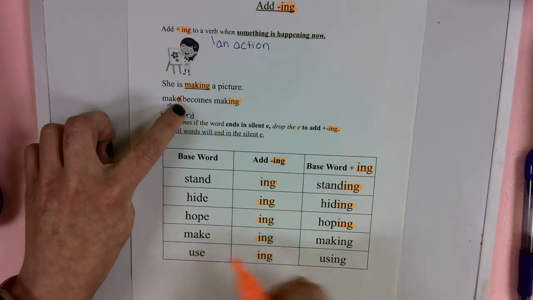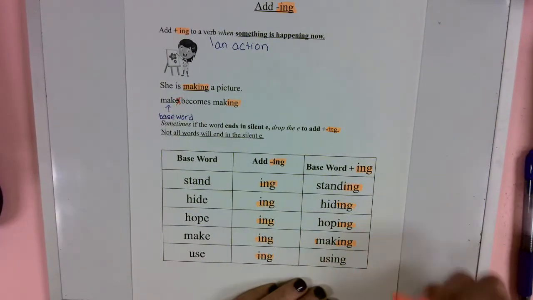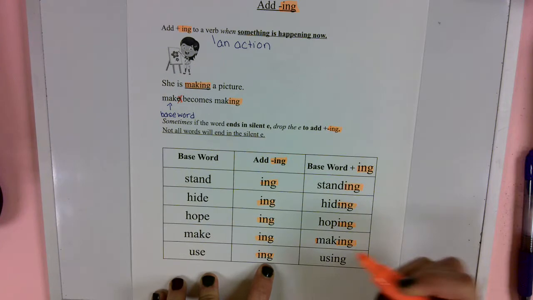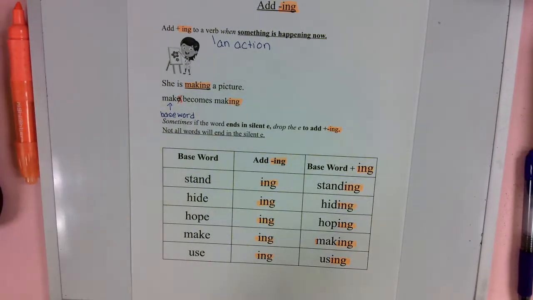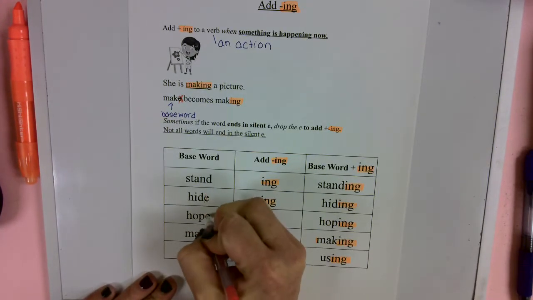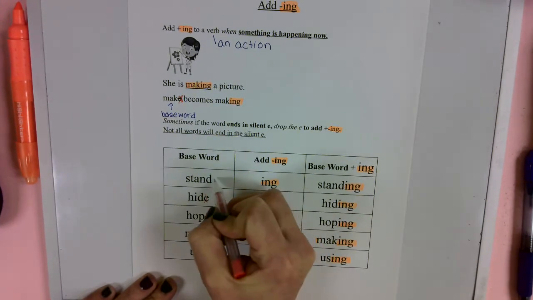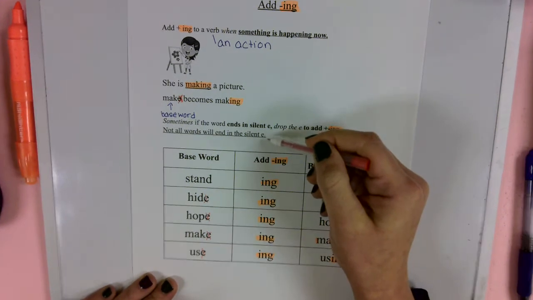Take away the e, add the ing, you get making. Use. Take away the e, add the ing, and you get using. So I'm also going to cross out the e's too. Now remember, this did not have the e, so that fell underneath this rule where not all words have that e.